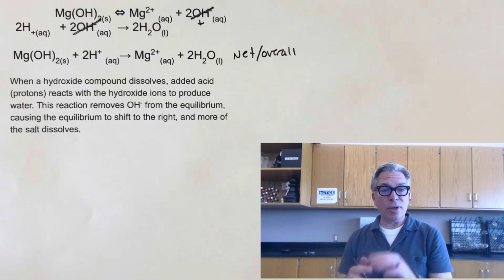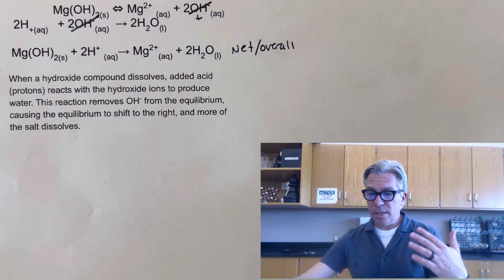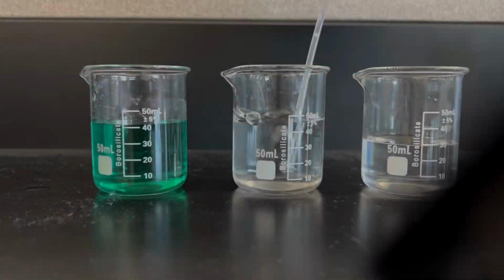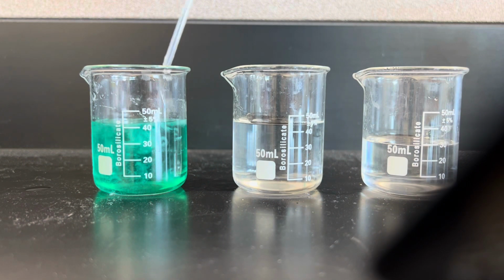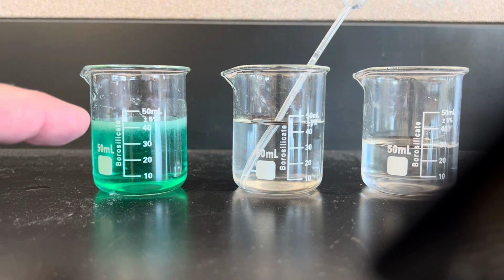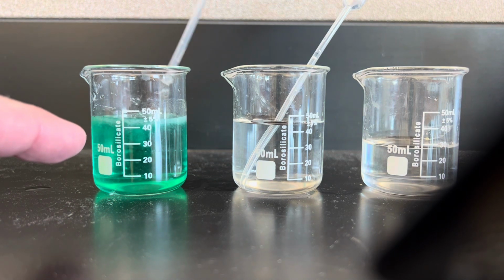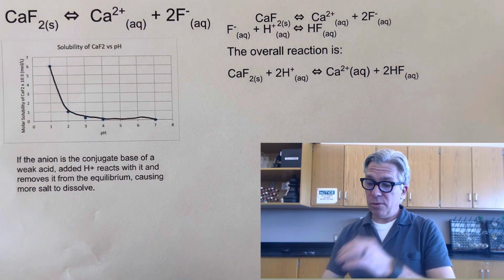Okay, so adding acid to a hydroxide increases its solubility, and including a lot of hydroxides, like nickel hydroxide, would make a precipitate because it's not very soluble. But once we add some hydrochloric acid to it, it will redissolve and go back to being nickel ions in solution. And let's look at the anion that's the conjugate of a weak acid, the fluoride ion.